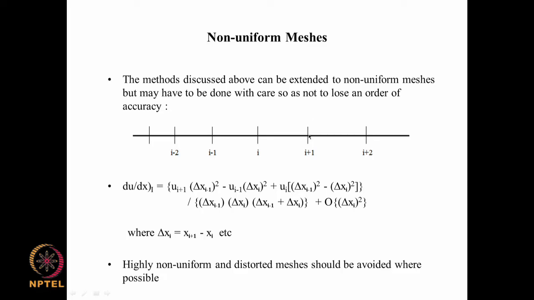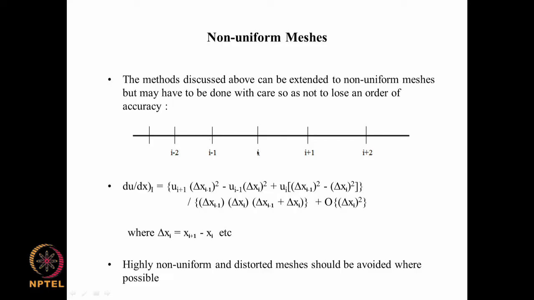And so when we are expanding u_(i+1) in terms of u_i, then we get delta x_i. And if we want to derive a central difference formula, we also need u_(i-1). So when we expand this in terms of Taylor series, now u_(i-1) is given as u_i minus delta x_(i-1), which is this distance.